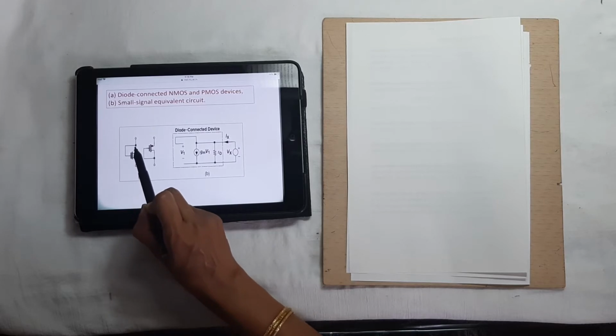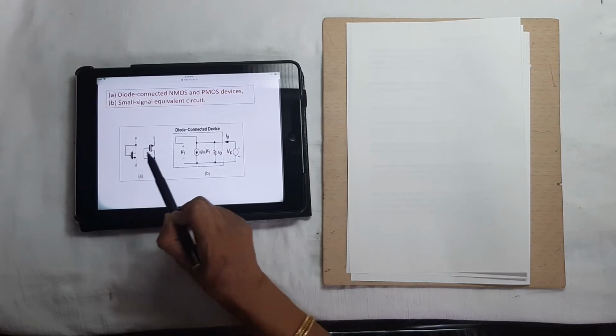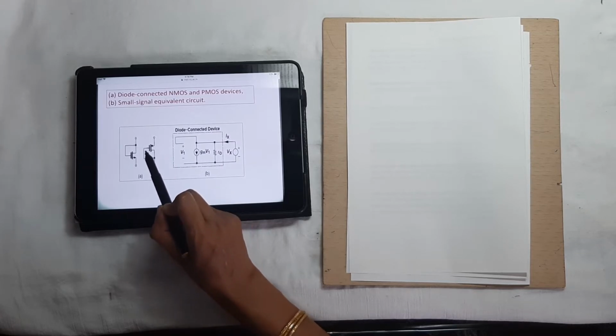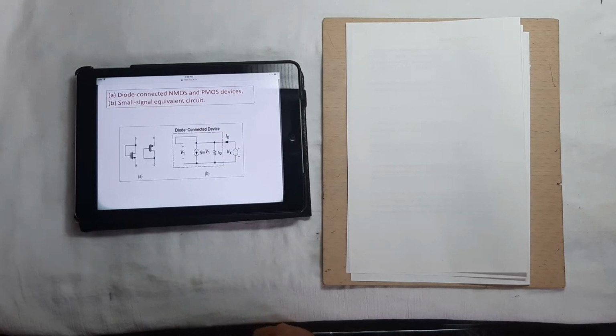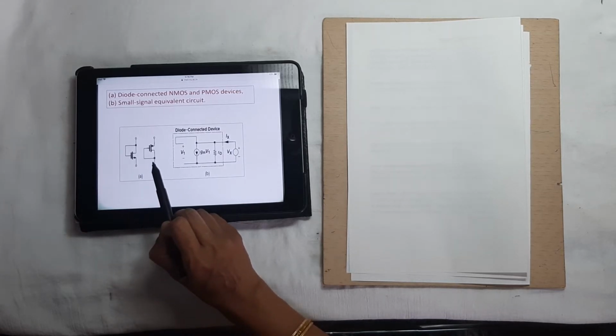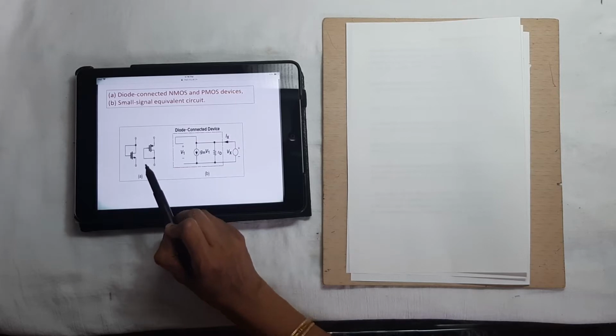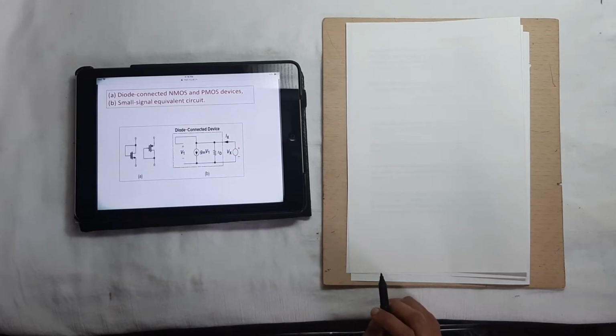Gate and drain are short circuited in both cases. Such a device is called a diode connected device. This configuration exhibits a small signal behavior similar to a two-terminal resistor.